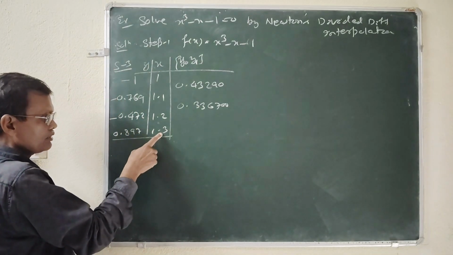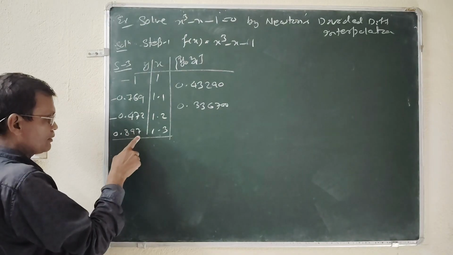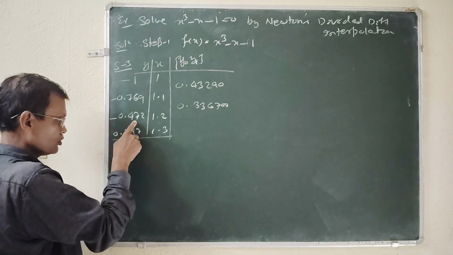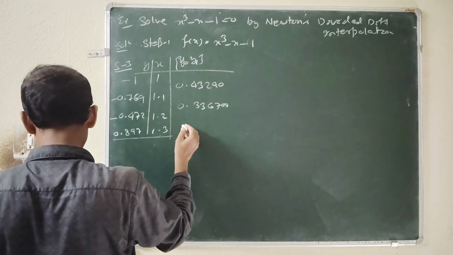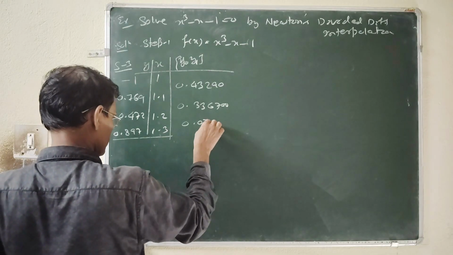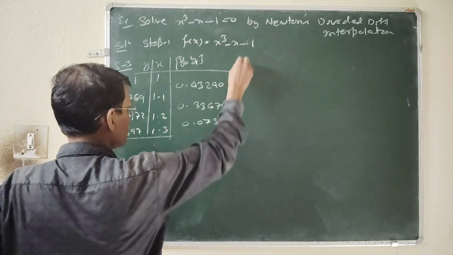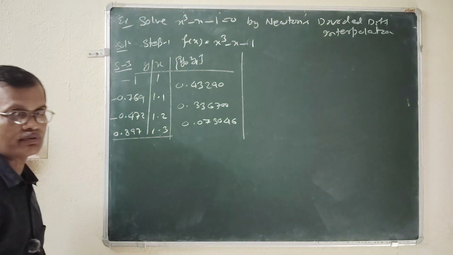Then for 1.3 minus 1.2 divided by 0.897 minus minus 0.472, the result is 0.073046. So this is our first order divided difference.